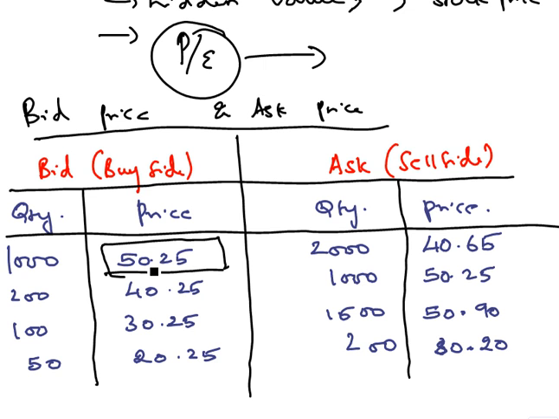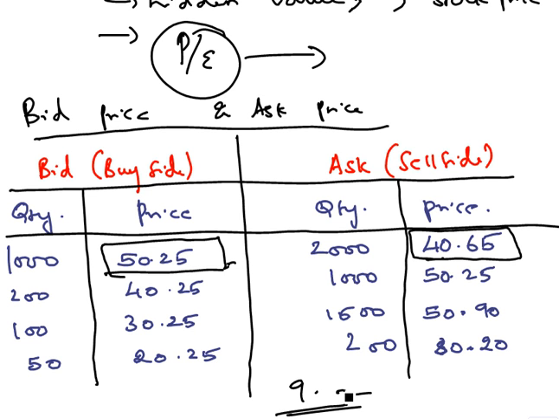And similarly, the best sell is the lowest price. The difference between this and this, around 9 point something, will be coming. That is called the bid ask spread. It is often an indicator of liquidity in a stock.